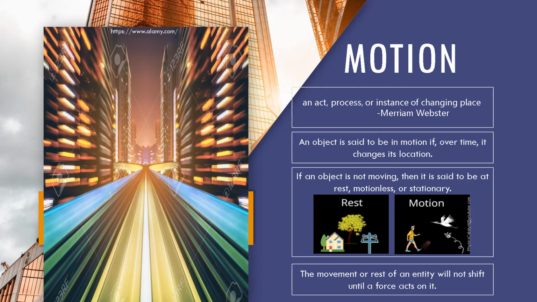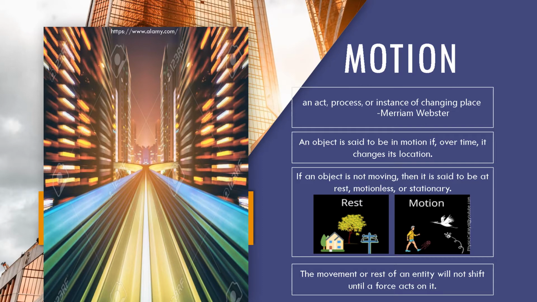Then, the movement or rest of an entity will not shift until a force acts on it. So, let me emphasize force. Kailangan magkaroon muna ng force in order for an object to move. Kailangan merong mag-act upon na force para magkaroon ng motion. So, malinaw po tayo doon sa motion.